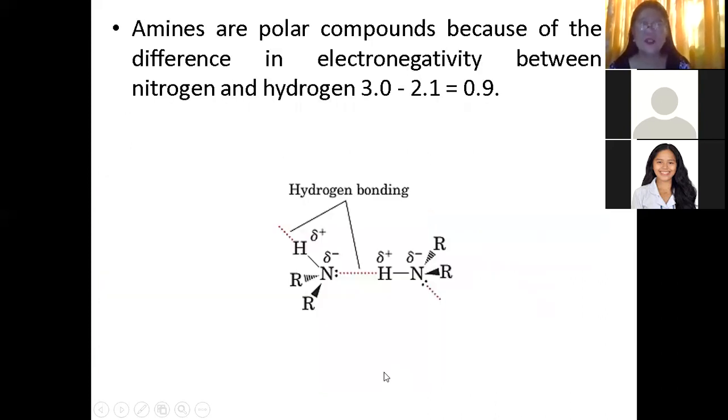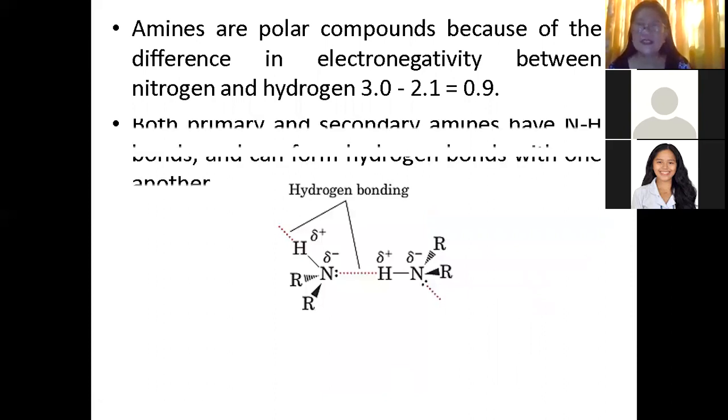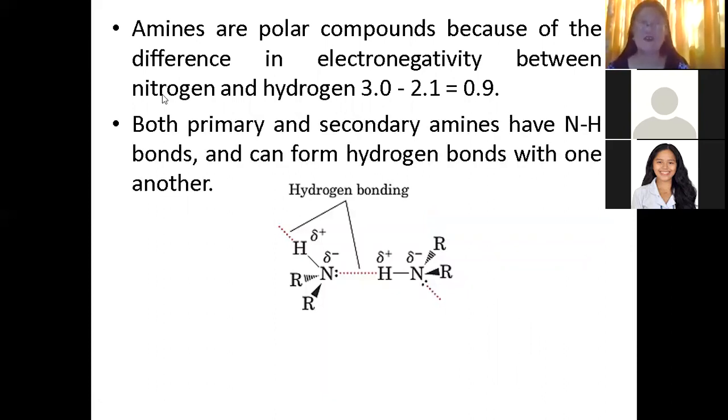So what are other physical properties of an amine? Amines are polar compounds because of the electronegativity difference between nitrogen and hydrogen. If you look into the periodic table, the electronegativity of nitrogen is 3, hydrogen is 2.1. Subtract this, it's 0.9, meaning it's polar.